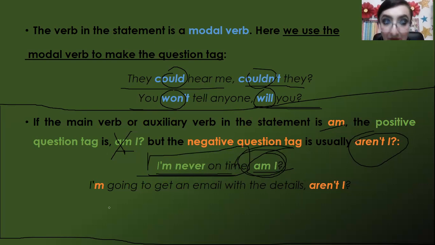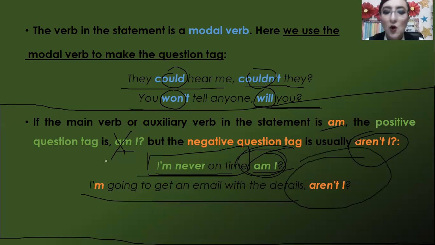Be careful. Affirmative sentence: I am going to get an email with the details. Aren't I? Or I am a doctor. Aren't I? I am in my house. Aren't I? Always we are going to have aren't I when we have a negative question tag.